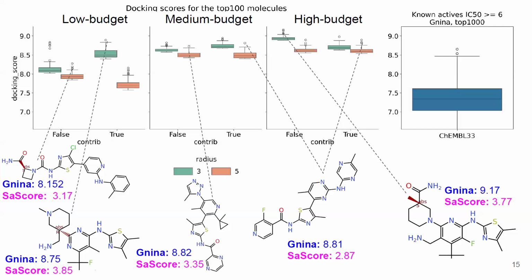There is a molecule which can be protonated differently with the same probability, so which protonation did we actually use?